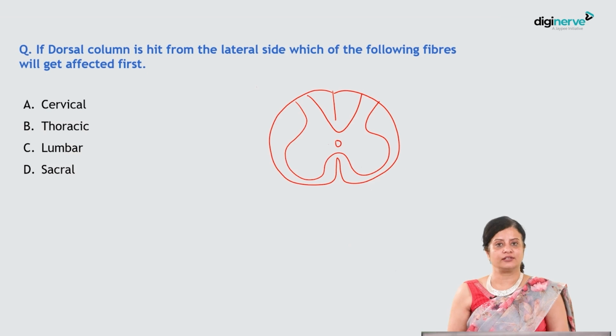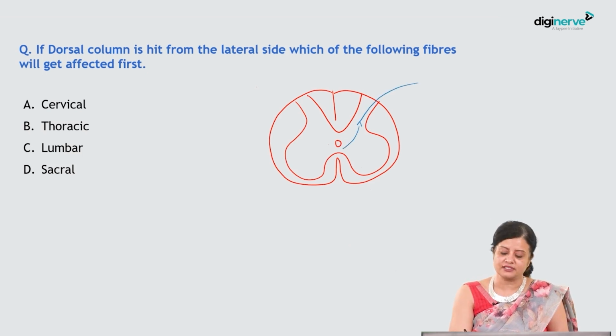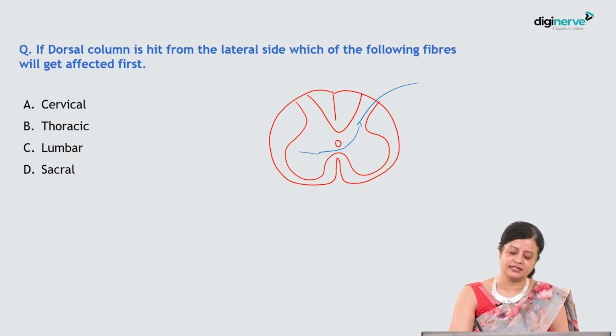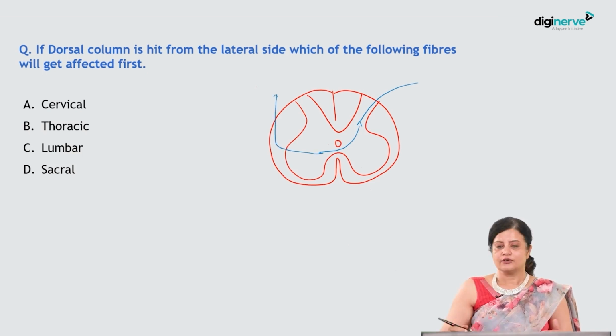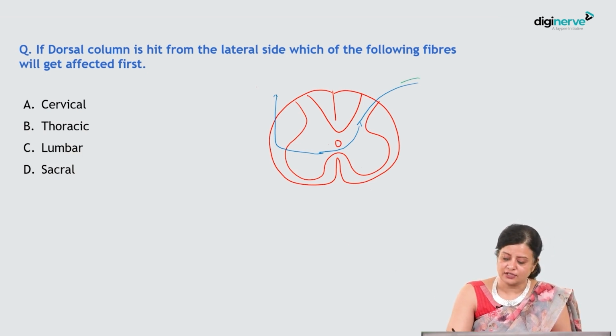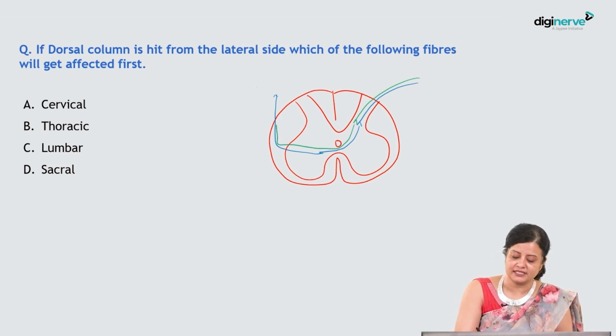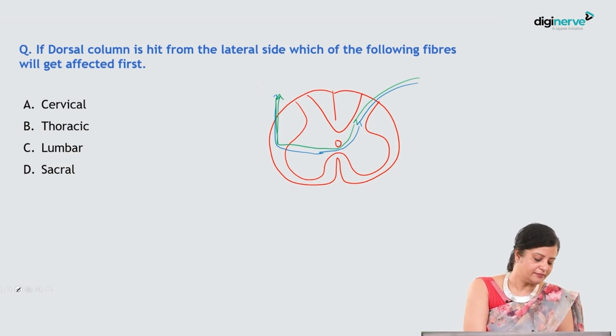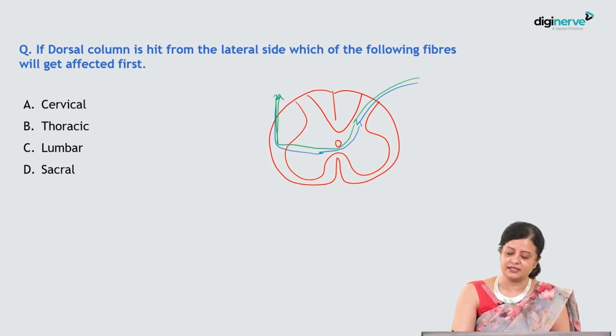Let's first talk about the lateral spinothalamic tract. These fibers will cross to the opposite side and ascend in the lateral lemniscus. When you move towards the thoracic segment, the fibers from the thoracic segment, let's take this with green, will be placed medially. The fibers from the cervical segment in the lateral spinothalamic tract will be present even more medially.